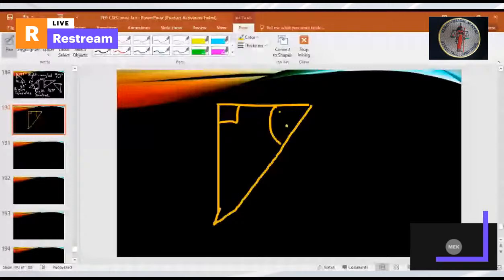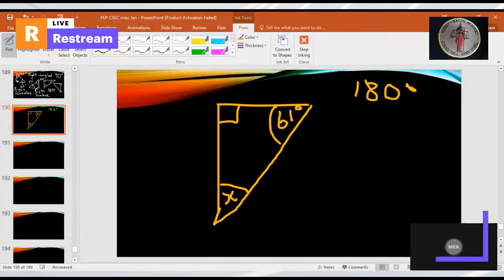How much is this one? We know that all angles in a triangle, when you add them up, give 180 degrees. That's a fact. They don't tell you this angle, but you know it, because once you see the box, you know it's a right angle triangle, so it's 90.